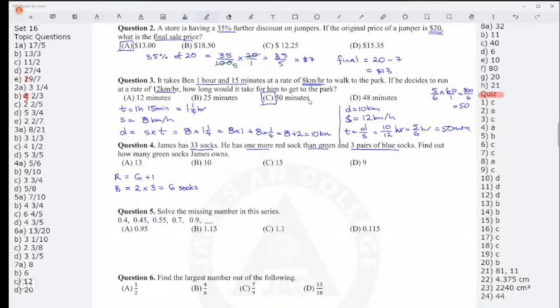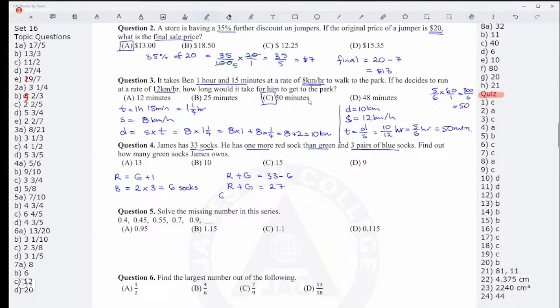So what we can do here is we know that there's a total of 33 socks. So that means that the red plus the green should give you 33 minus the blue socks because we don't want to count blue anymore. So that means red plus green should equal 27. But we also know red is equal to green plus 1.